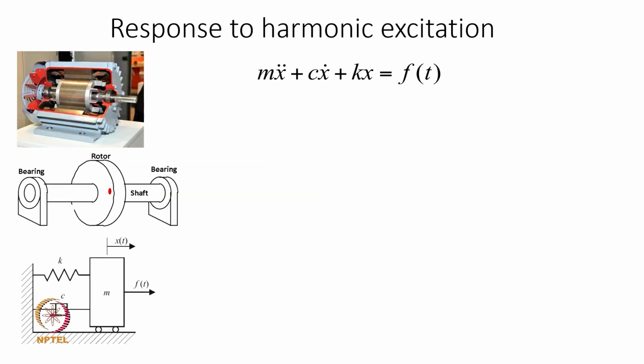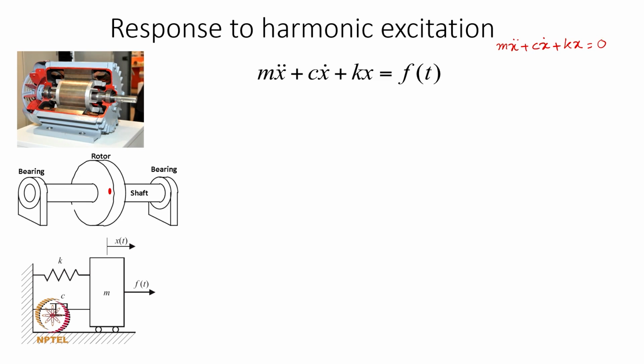Okay, so when we say response to harmonic excitation, the right hand side, which we set to 0 in our earlier discussion of the governing equation of motion for a single degree of freedom system, we usually kept equal to 0 and started with response to initial condition.